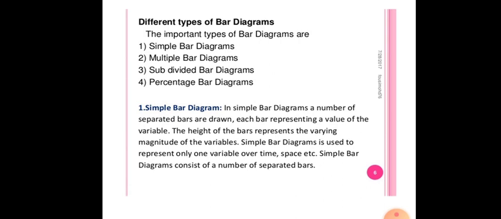The height of the bars represents the varying magnitude of the variable. A simple bar diagram is used to represent only one variable over time, space, etc. Simple bar diagram is nothing but showing only one variable, the data or results of only one variable. The width of the bar doesn't matter; only the height matters for the simple bar diagram.